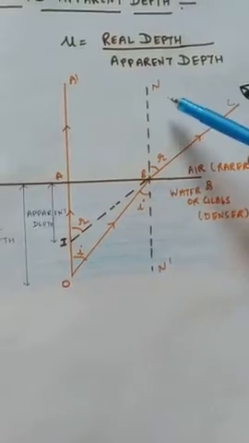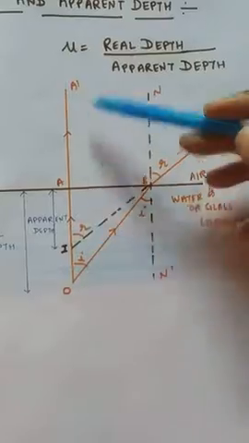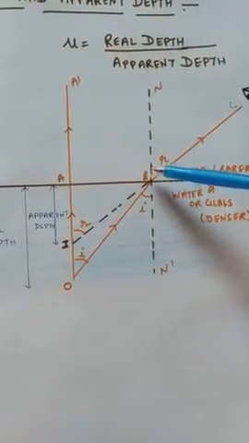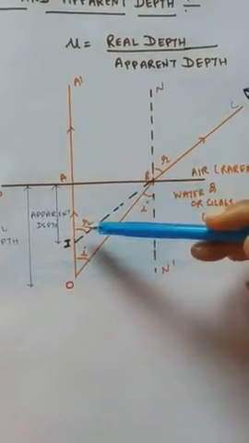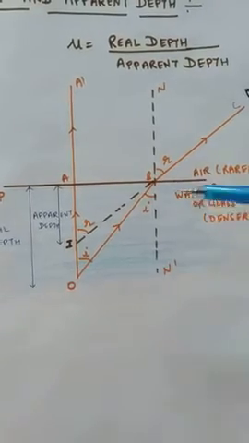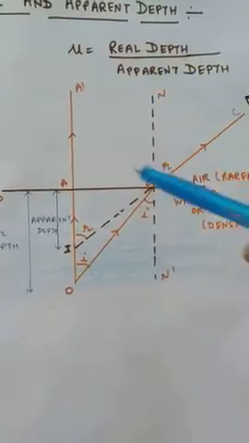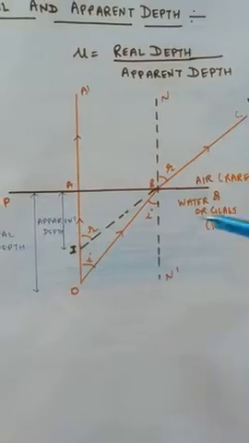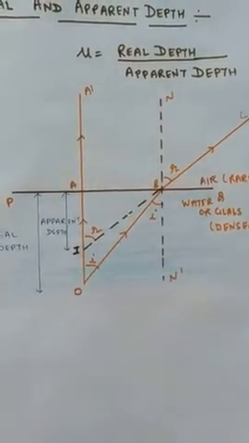Similarly, BN and IA dash are both parallel, so in that case IB is a transversal line, so angle CBN and angle AIB will also be equal. If this is R, this will also be R. So the first step for deriving this relation is to draw the ray diagram, then to write how these two angles R and R are equal and how these two angles are equal.